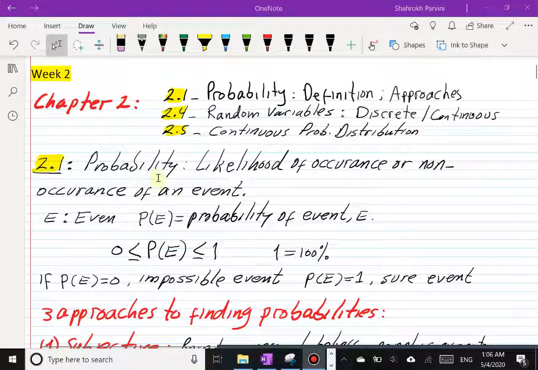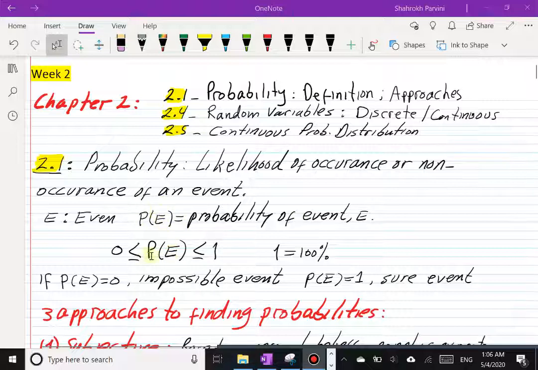We're going to call probability the likelihood of occurrence or non-occurrence of an event. And that's all it is. The likelihood, that means probability for us. So if I define event E, the probability of that event is what P(E) represents.